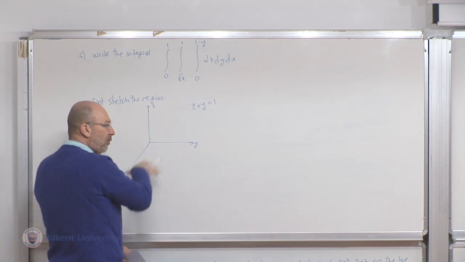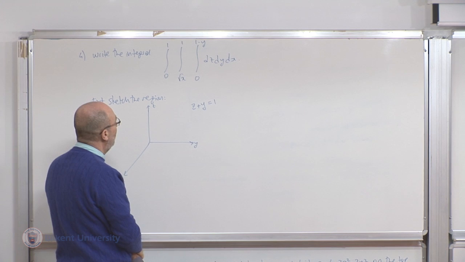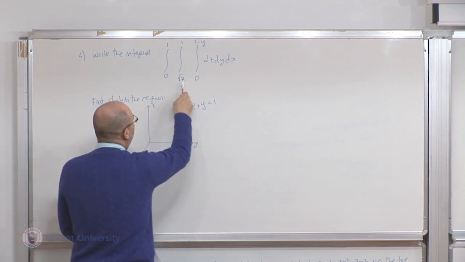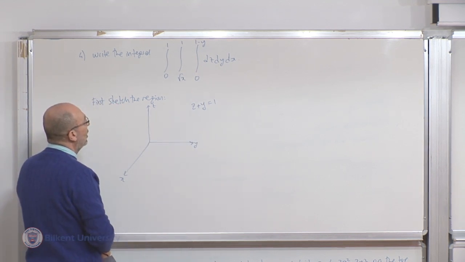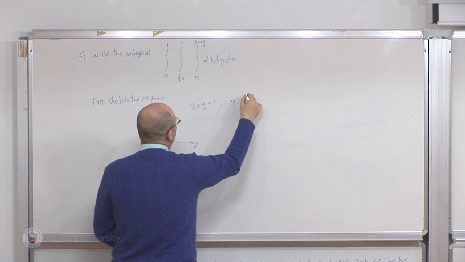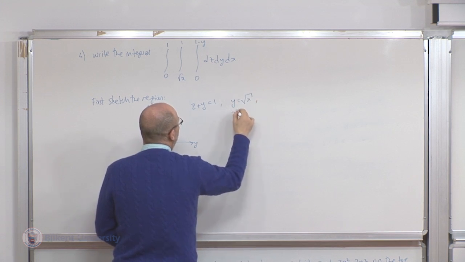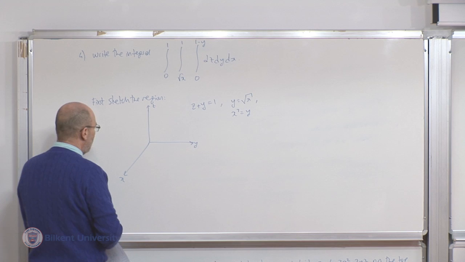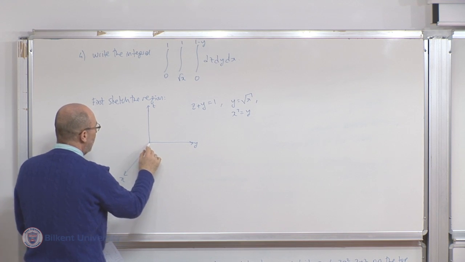Now when we collapse this to the xy plane, a typical arrow parallel to the y-axis enters the region when y is equal to x squared. Y is equal to square root x. So this is x squared is equal to y. So this is a parabola like this. Okay, let's draw this.